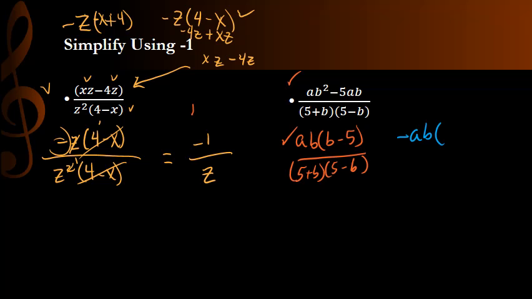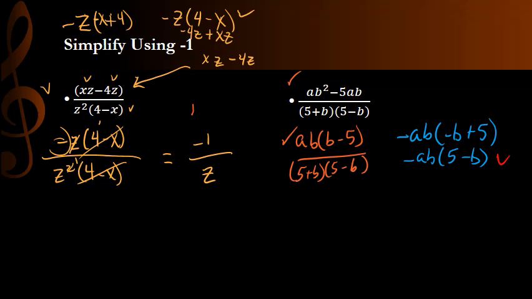That would give me negative b plus 5, because I'm factoring out a negative and dividing that out, which I could then rewrite as negative ab times 5 minus b, and it's okay to switch those around. It's one of our properties of real numbers. All right, now I've got it where I can cancel something.